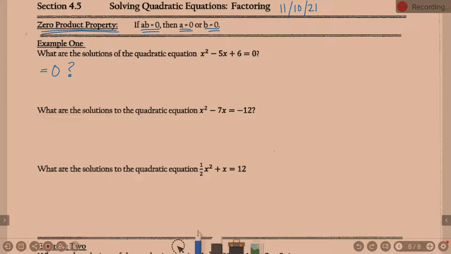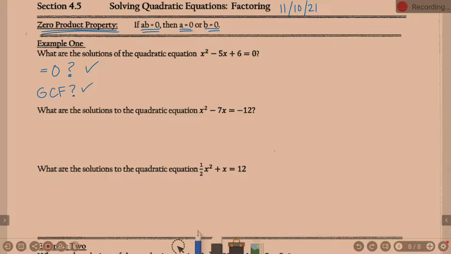It does. The next question, what's your typical first factoring question? Is there a GCF? Is there a GCF between x squared minus 5x and plus 6? There is not.